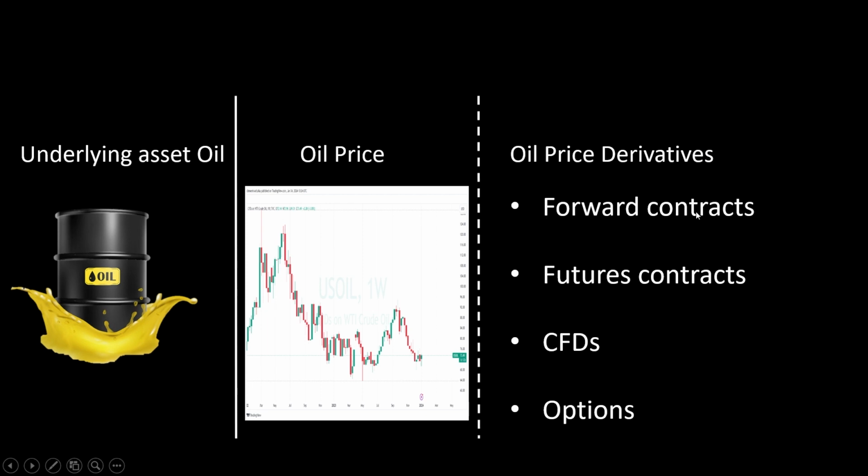They are forward contracts, futures contracts, CFDs, these are contracts for difference, and options. These are not the only derivatives that exist, they're just the most common. There are other forms of derivatives, but they mostly originate from these four, or rather from just two of them, forward contracts and CFDs. Anyway, you're going to understand that in a bit.